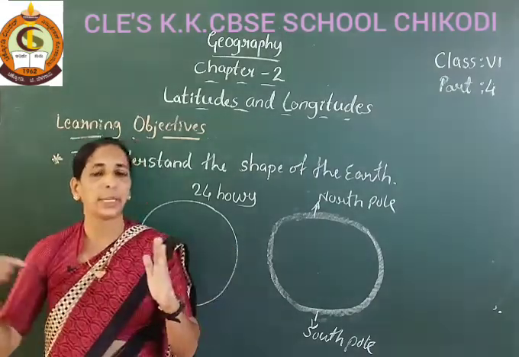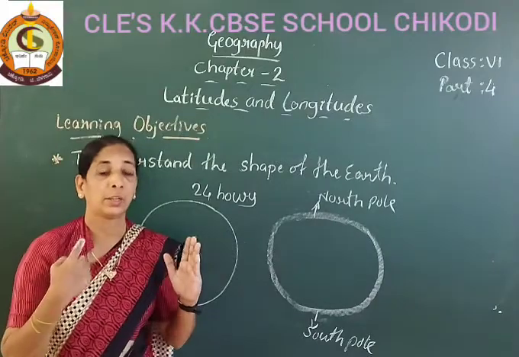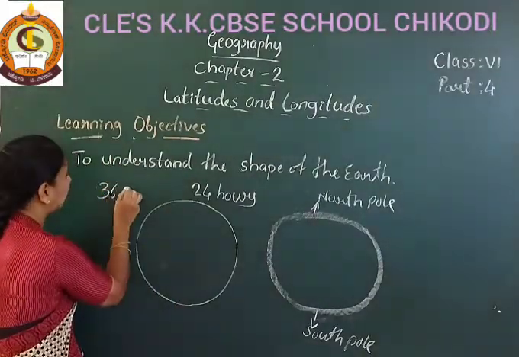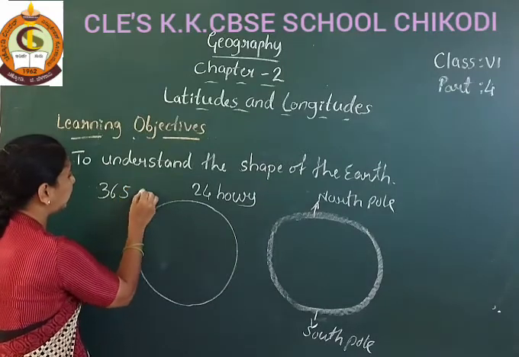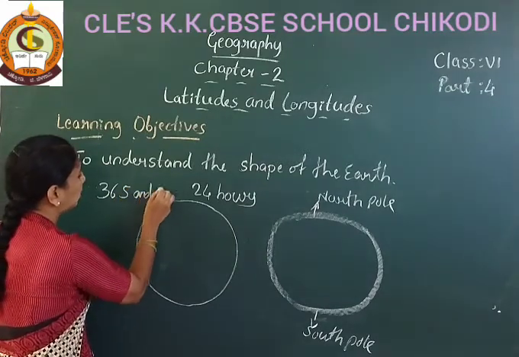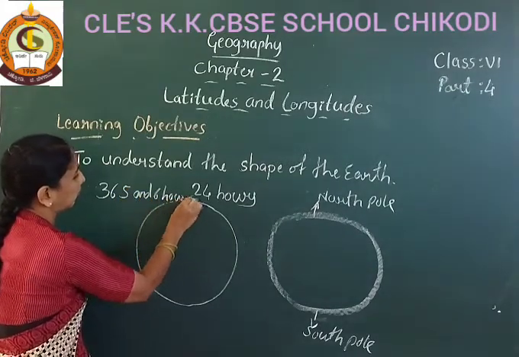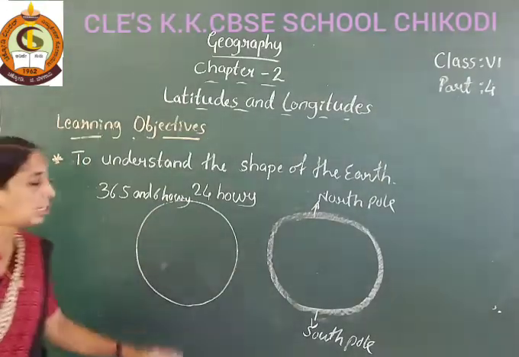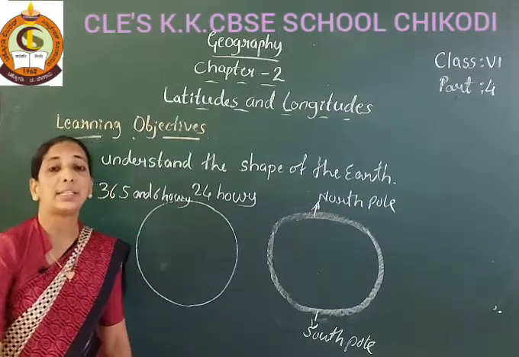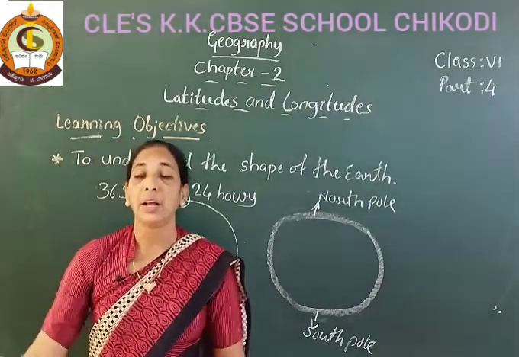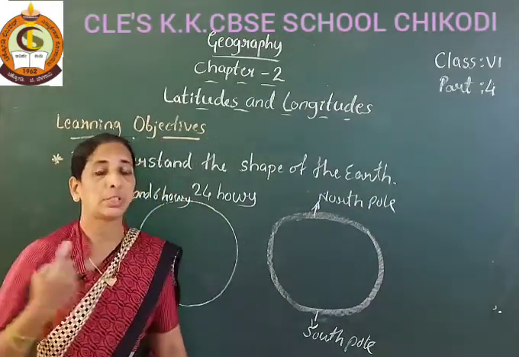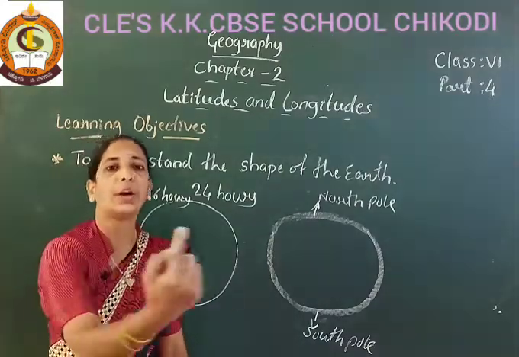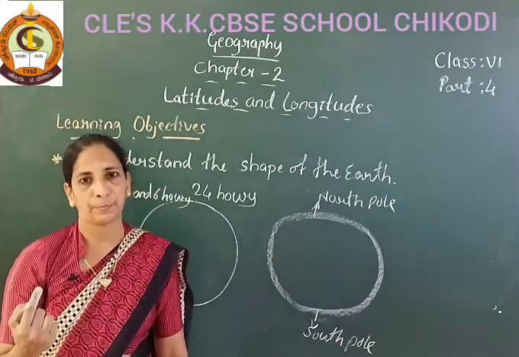When it orbits around the sun, it takes 365 days and 6 hours. Revolution means it orbits around the sun.